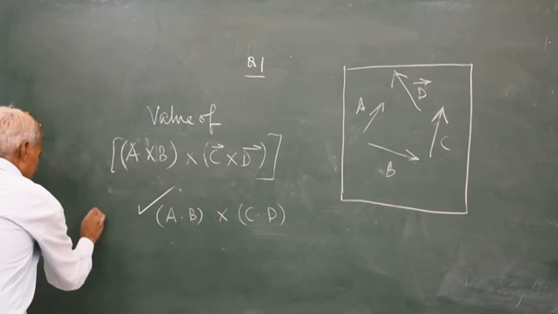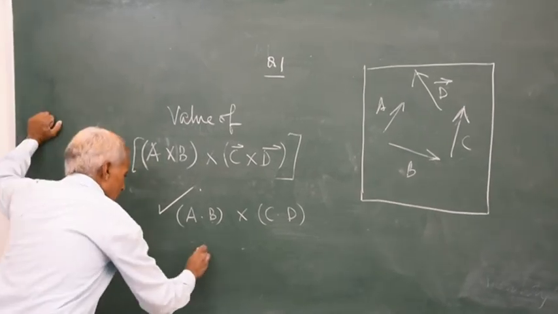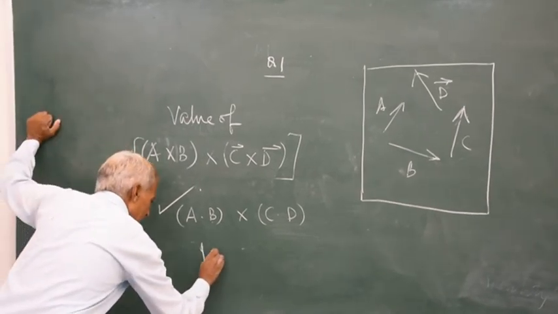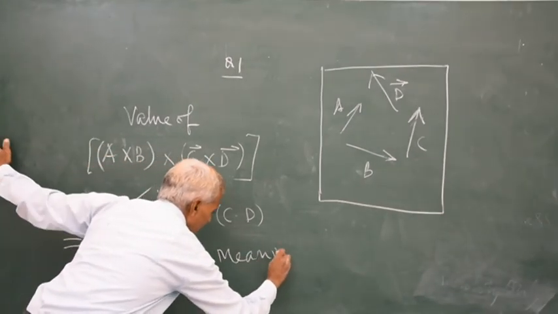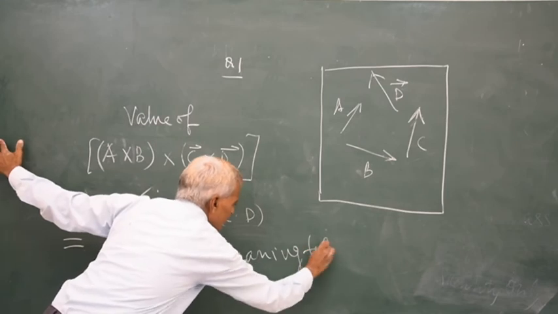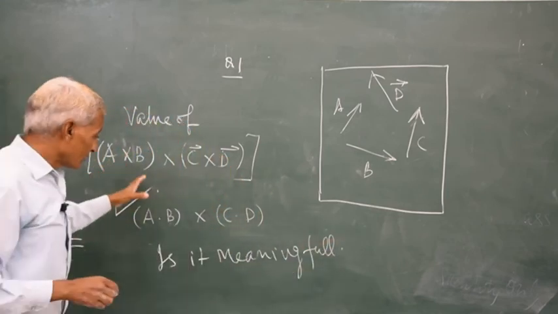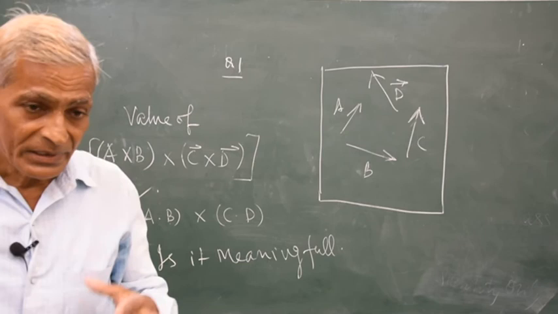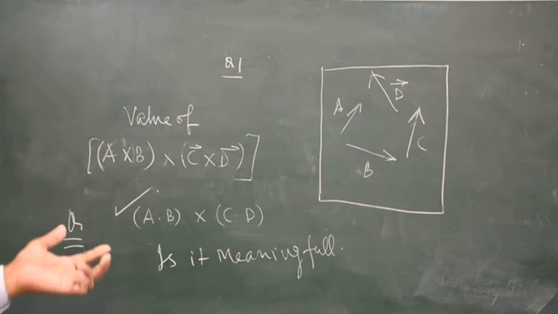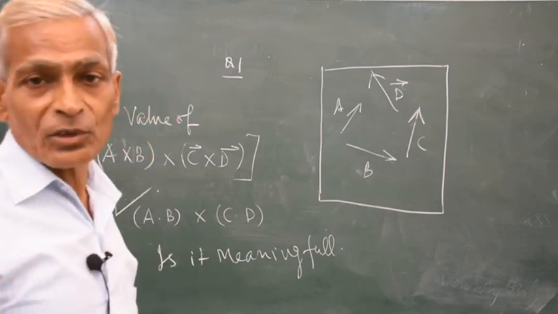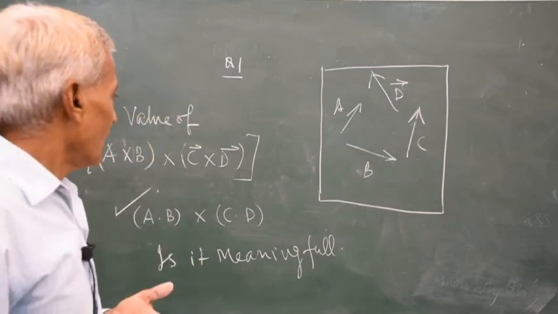Question number 2. These are 2 questions based on general understanding of the subject, because you have read dot and cross in 11th and 12th. I am going to hint you.